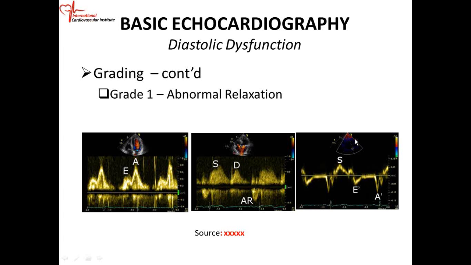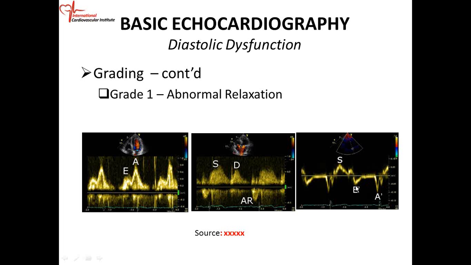The key is the tissue Doppler. Okay, you probably can't see clearly, but the cursor is on the medial mitral annulus, and you get your tissue Doppler. This is the S prime, this is the E prime, and this is the A prime.